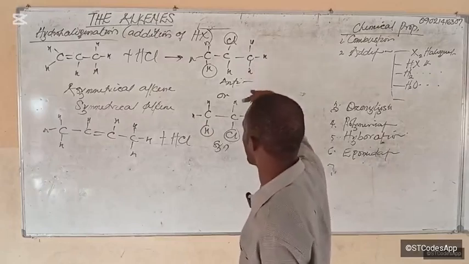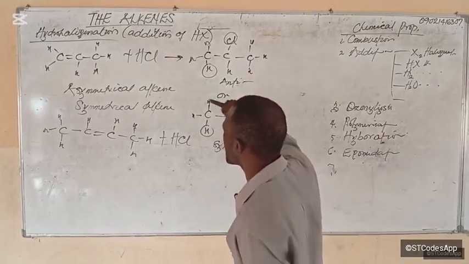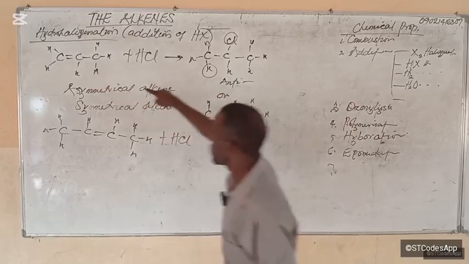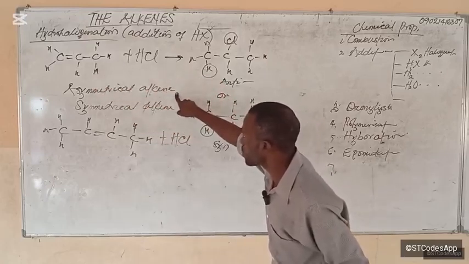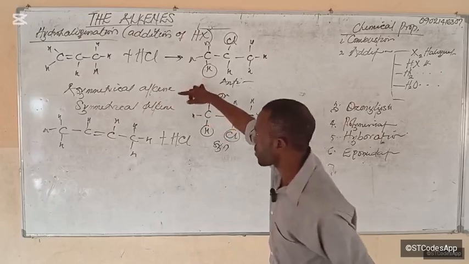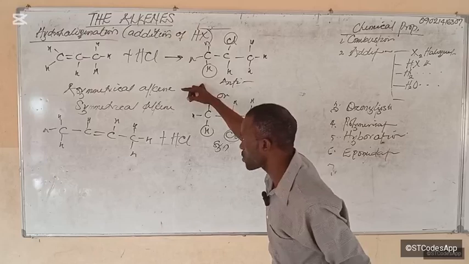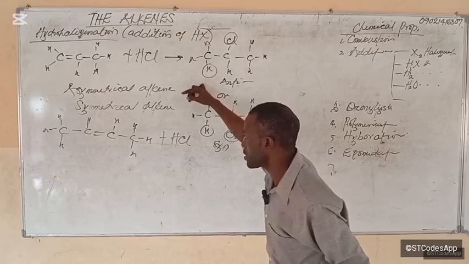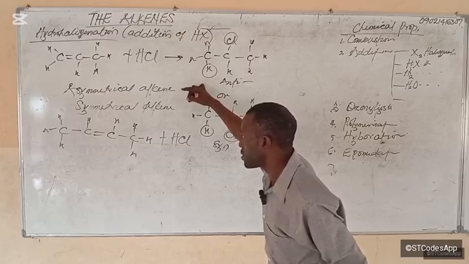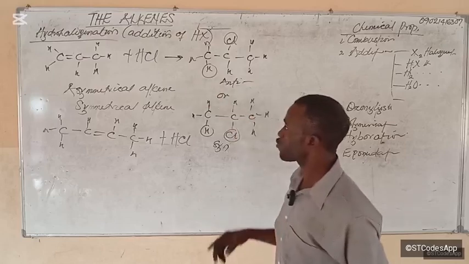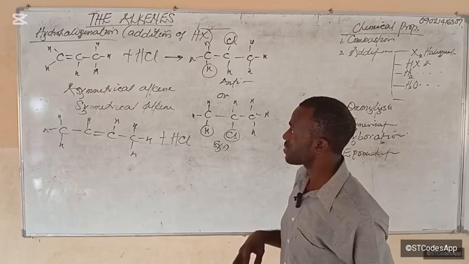These are the only products that could be formed here, right? So this is symmetrical, right? So with asymmetrical alkenes, the product could be of two types.